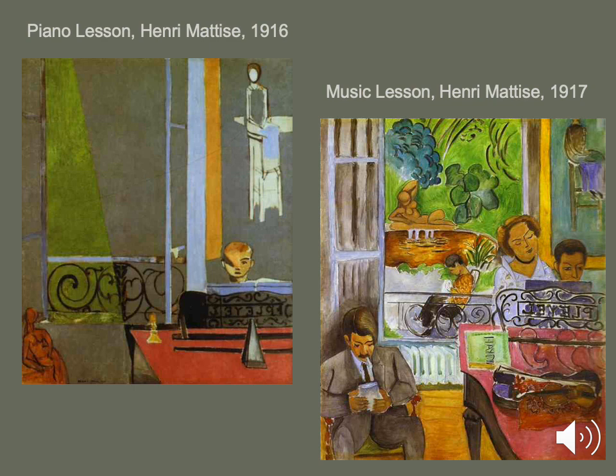This particular painting, you put the form, which is this more representational, lush, colorful, inviting scene, together with the subject matter, which is the music lesson, and you get the content, which in this case is about the social aspect of music and the fact that it brings people together and it can be enjoyable. So you can see that by altering the form of the same subject matter, you can get very different contents.